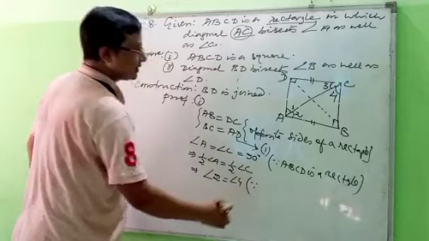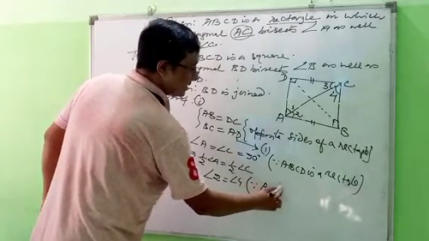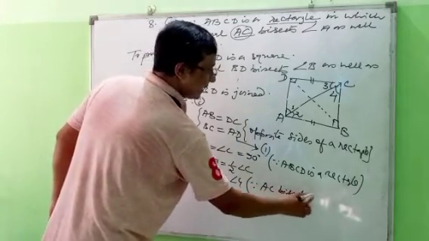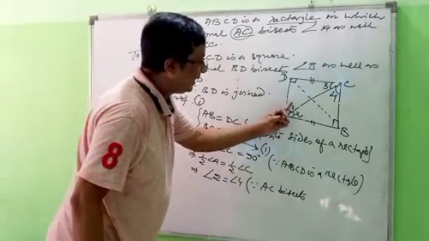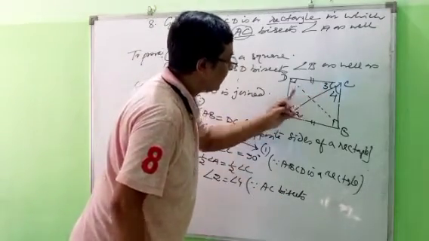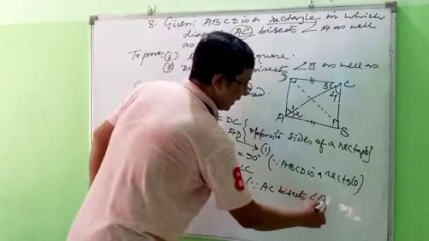Why? Since AC bisects, that means AC divides angle A and angle C into equal parts.